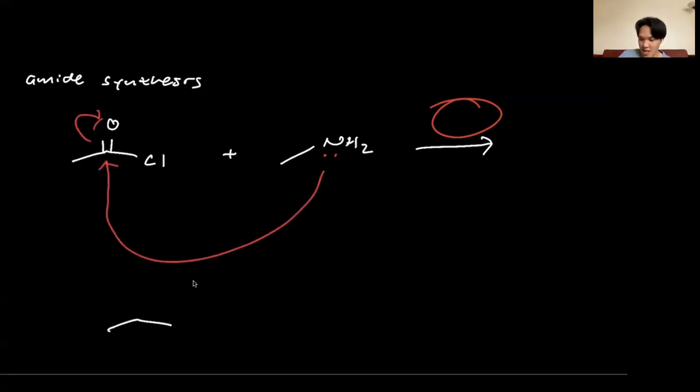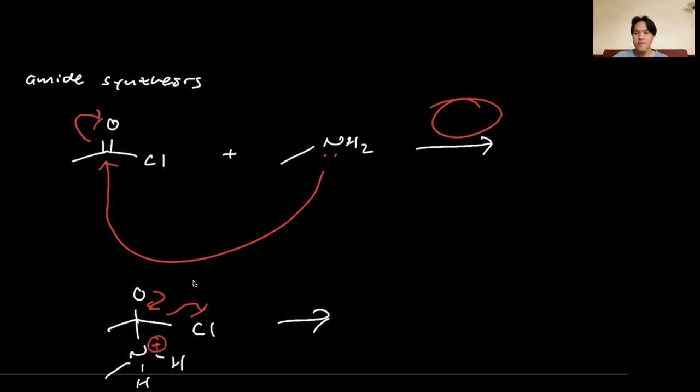This H, and then the Cl. The Cl will leave, right? And then you form this again, and then this nitrogen is a positive. You just keep going through this whole cycle and you end up getting something like that, and HCl again.